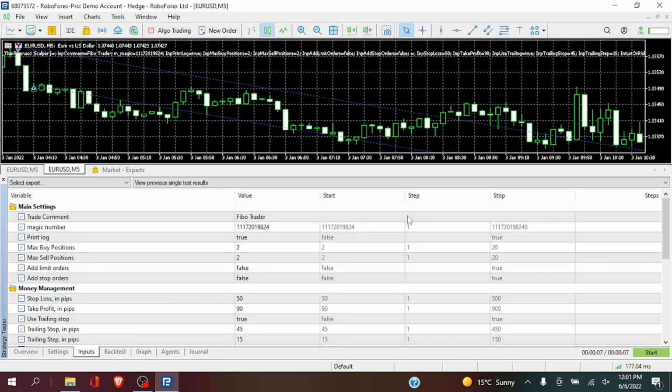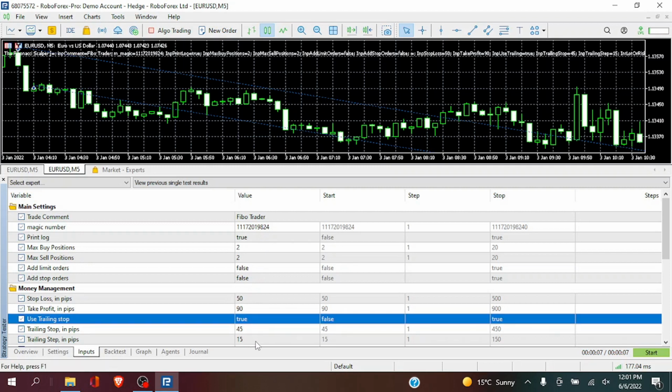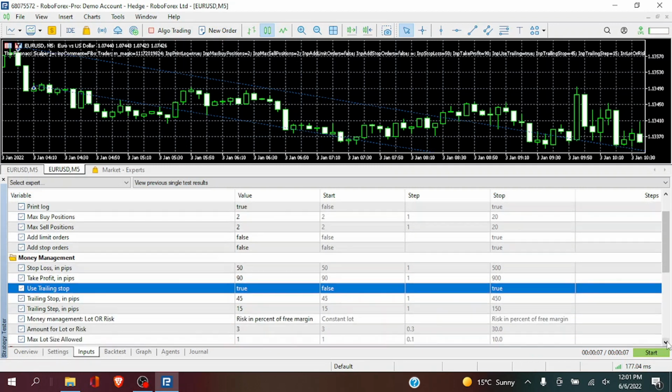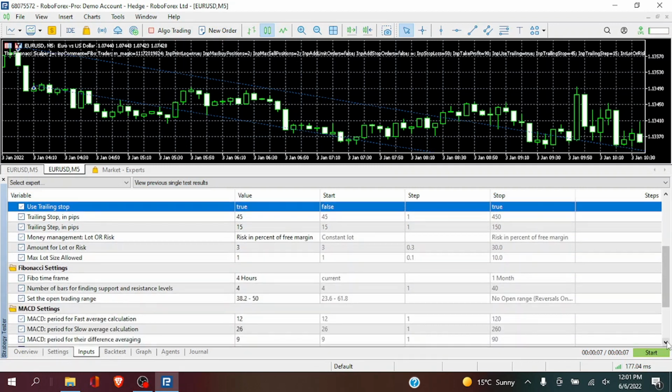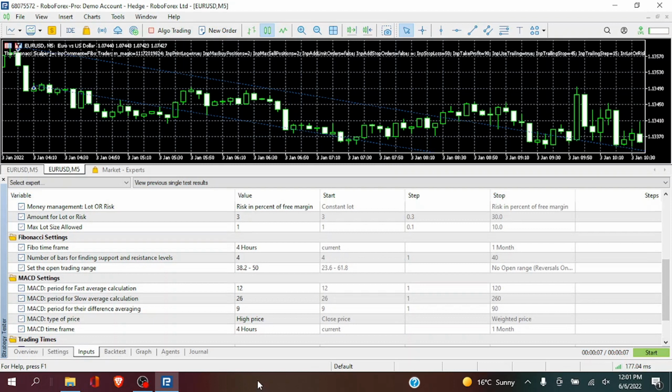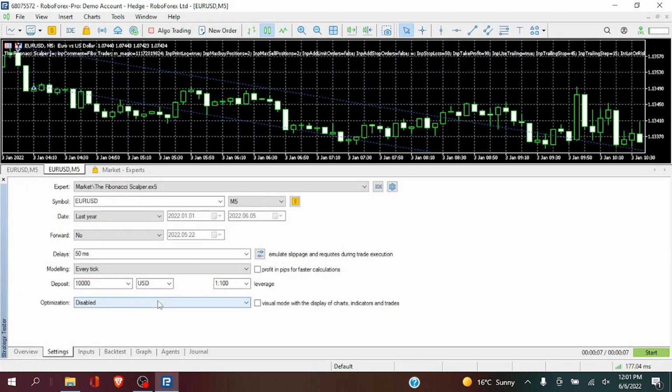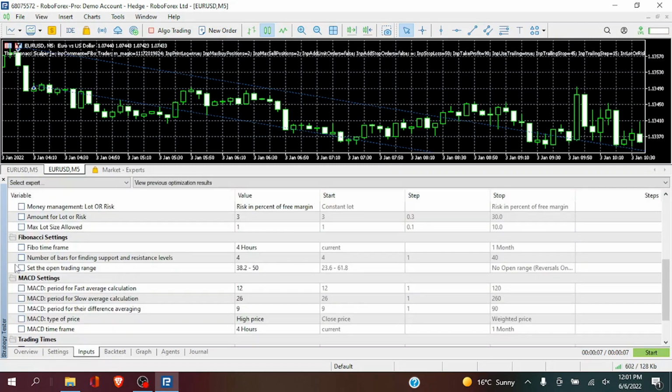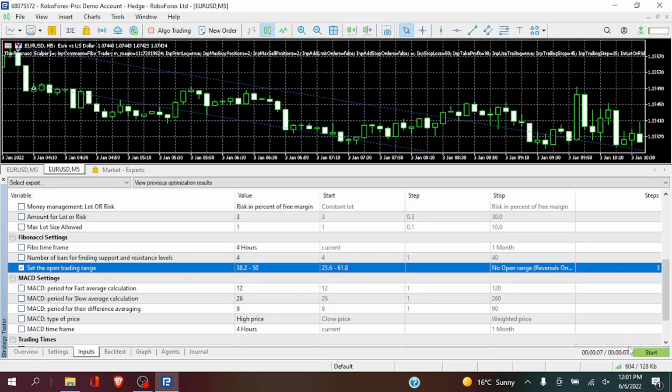So let's optimize the EA. So these are the different settings that you can change and optimize for the Fibonacci Scalper. And the first thing we are going to optimize is the actual Fibonacci retracement levels that we looked at. Now this EA actually comes with 3 different options when it comes to Fibonacci retracement levels.